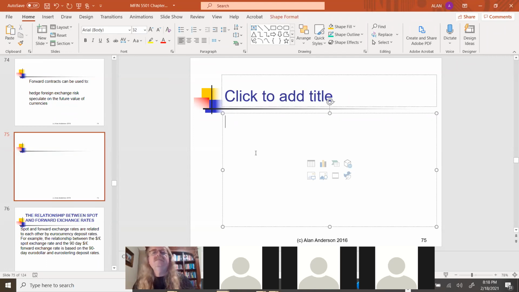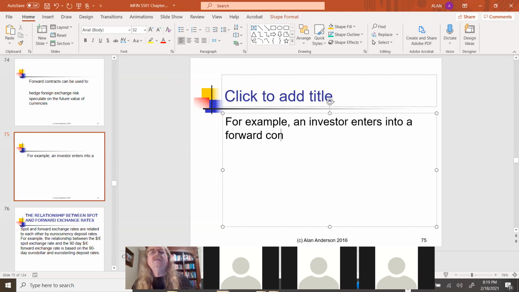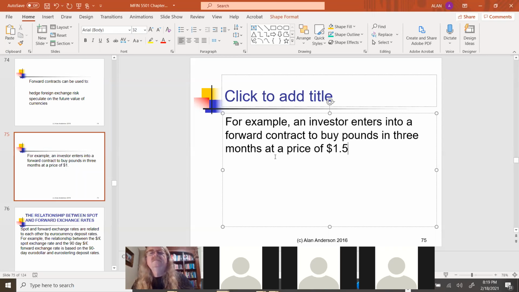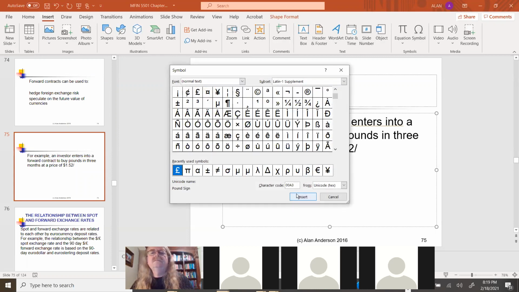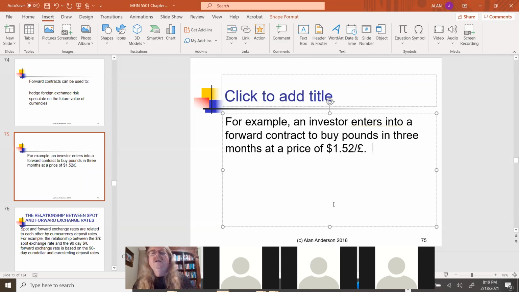Suppose an investor enters into a forward contract to buy British pounds in 3 months at a price of $1.52, let's say. Suppose this investor has no exposure to foreign exchange risk.